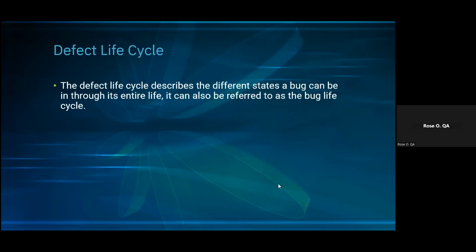The defect life cycle describes the different states a bug can be in through its entire life. It can also be referred to as the bug life cycle, because a defect is also known as a bug. It covers every phase, every state that the defect goes through.